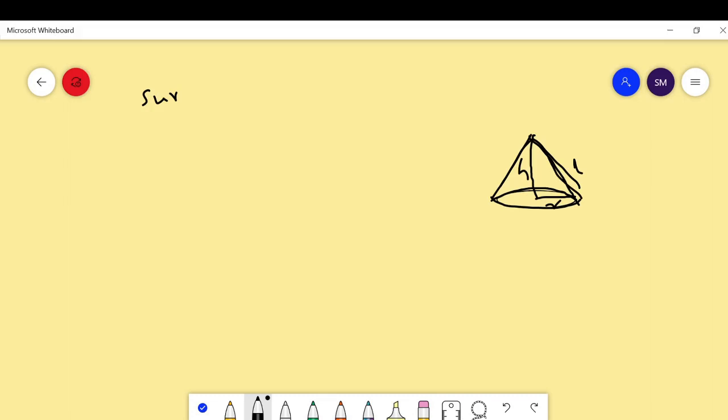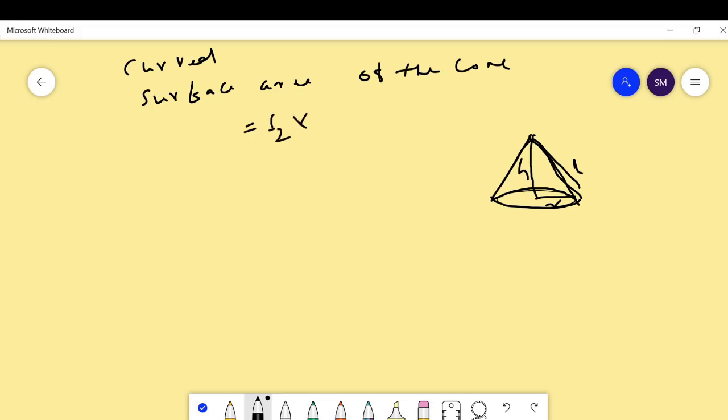The curved surface area of the cone is equal to half into arc length.